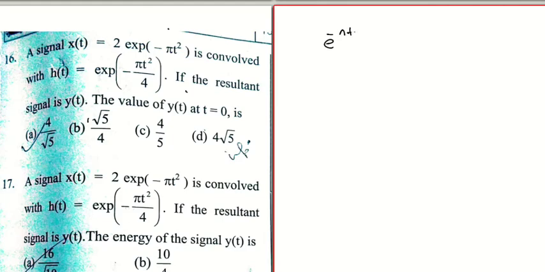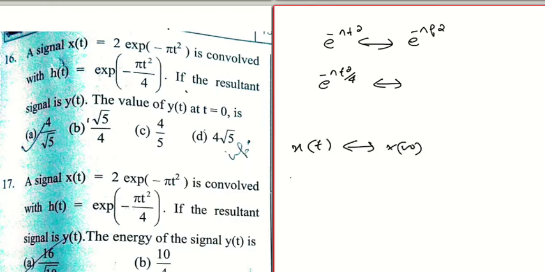So e raised to minus pi t square has Fourier transform e raised to minus pi f square, and for e raised to minus pi t square divided by 4, we know that x of t having Fourier transform x of omega, when it is x of 2t we get 1 by 2 x of omega by 2, right?